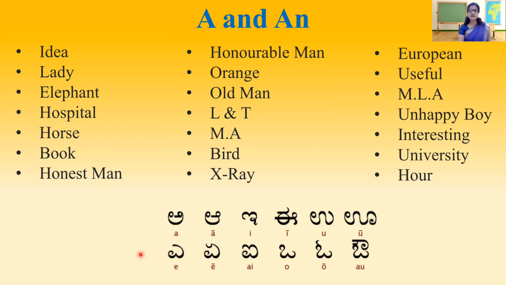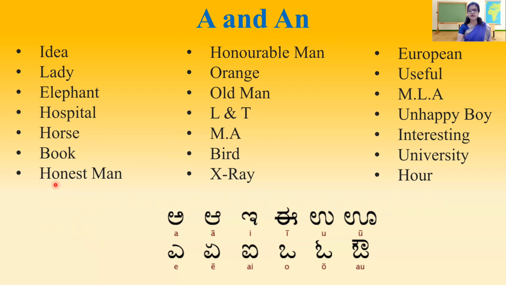We are pronouncing H completely, ha. So, a hospital. Horse. H is a consonant letter and it gives you consonant sound. We are completely pronouncing it, ha. Horse. Book. B-O-O-K, B is a consonant letter and it gives you consonant sound. But here, honest man.